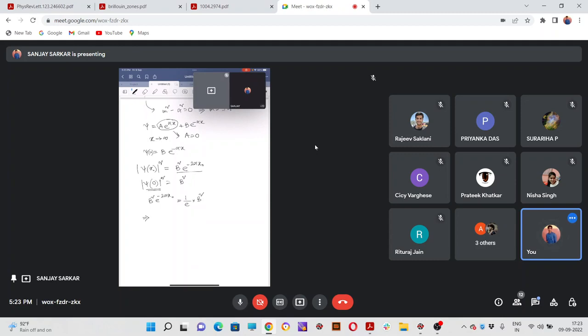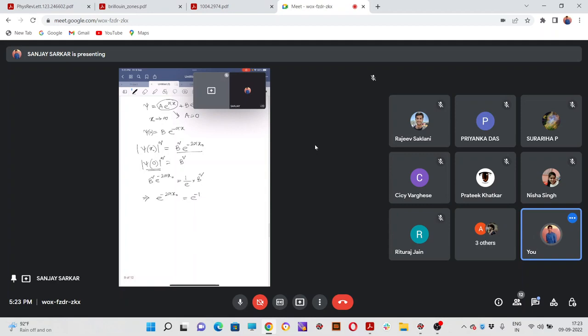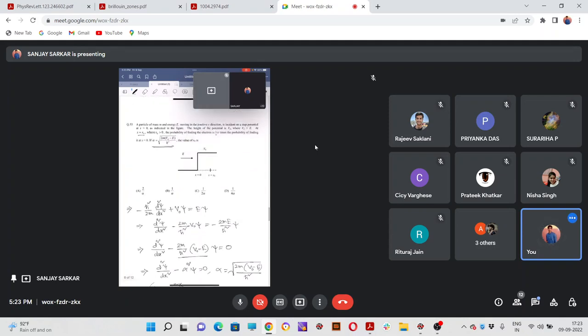So e to the power minus 2 alpha x0 equal to e to the power minus 1. This b square will cancel out since b is not 0. This implies that 2 alpha x naught equal to 1. So x naught equal to 1 by 2 alpha. So option C is correct.